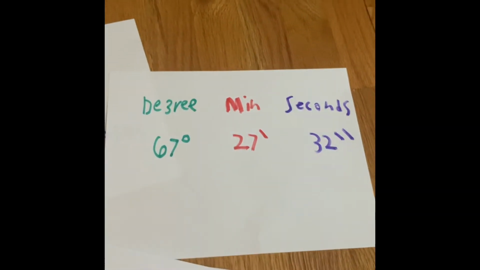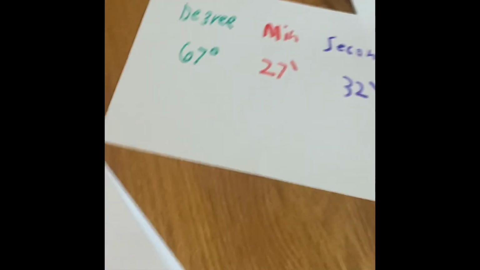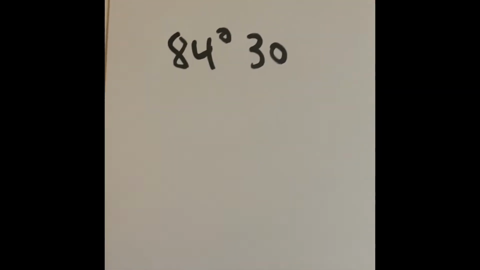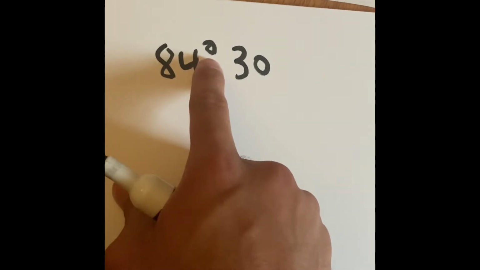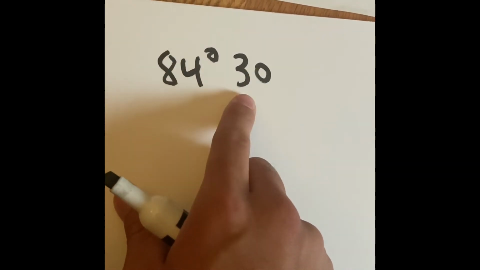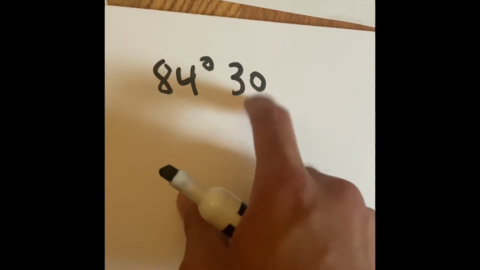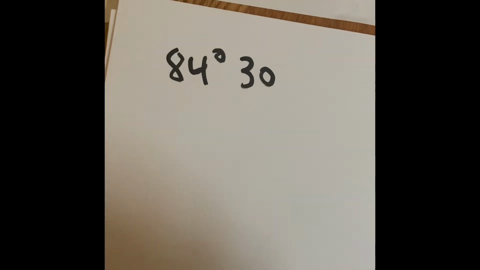Here's an example when we are talking about degrees, minutes, and seconds. If a clock has hands that make an 84-degree angle, and it's 30 minutes, what we're going to do is we don't want minutes right now. We're going to turn it into a fraction.